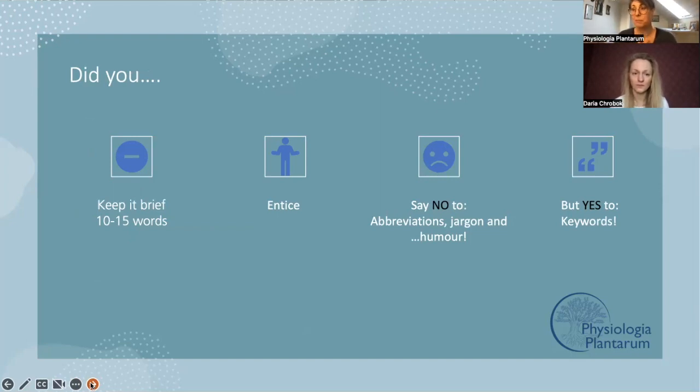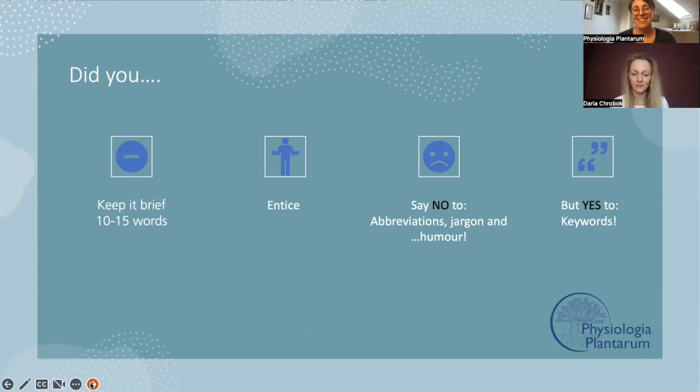So before constructing a title, if you know where you're going to send your paper, you should really look for the instructions to the authors that the journal has. And all journals have instructions to the authors. Yeah, you will also, by the way, make everybody in the editorial office happy when you stick to the guidelines of everything that the journal says.